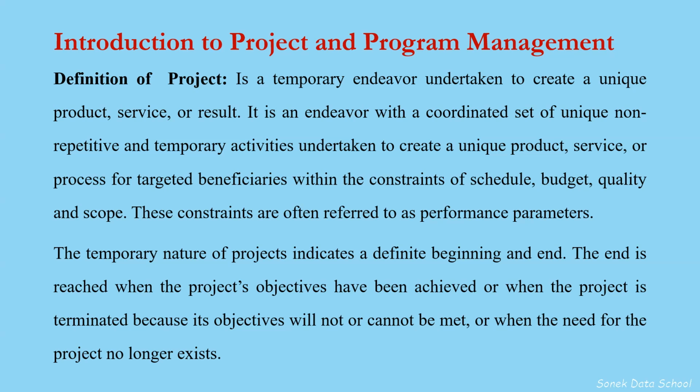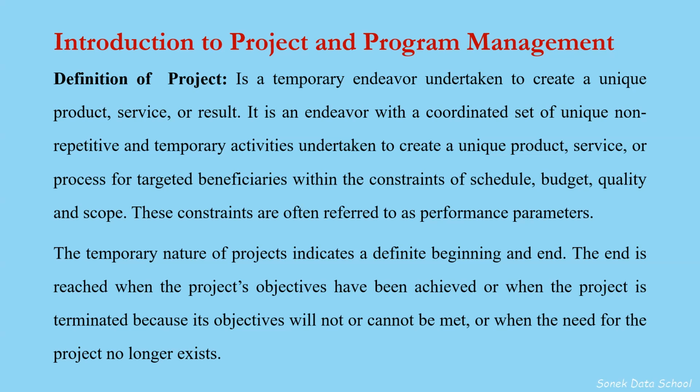If they are not satisfied with your product, then you have poor quality. And quality is affecting the other three constraints. I hope we get that clear: quality affects the time, it affects the cost, and it affects the scope.